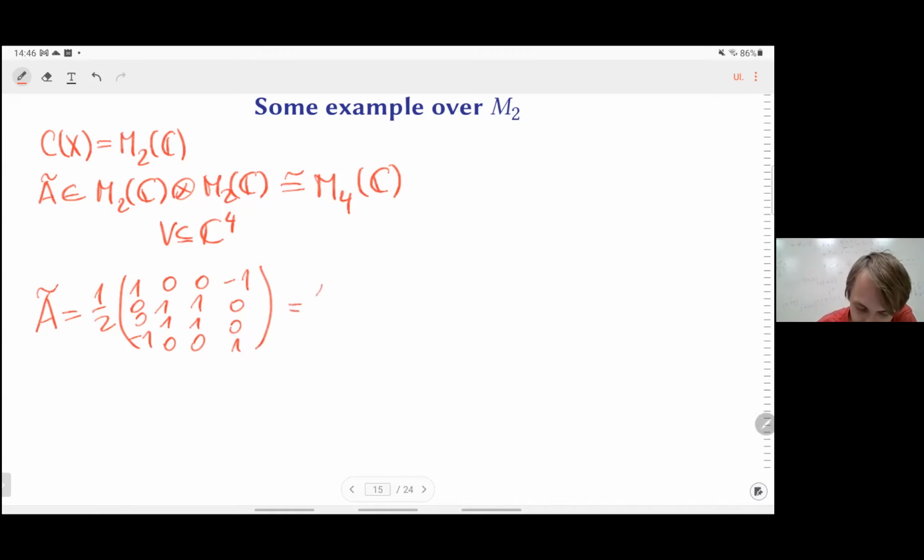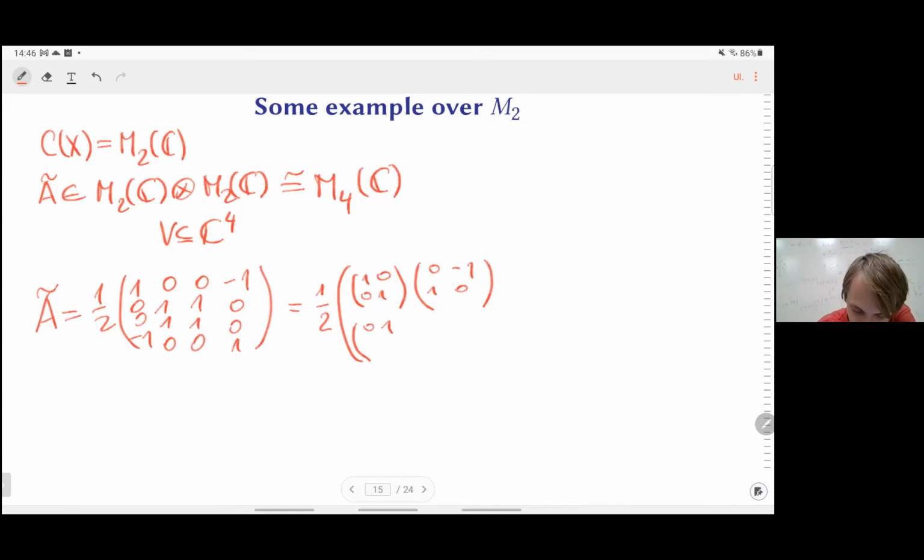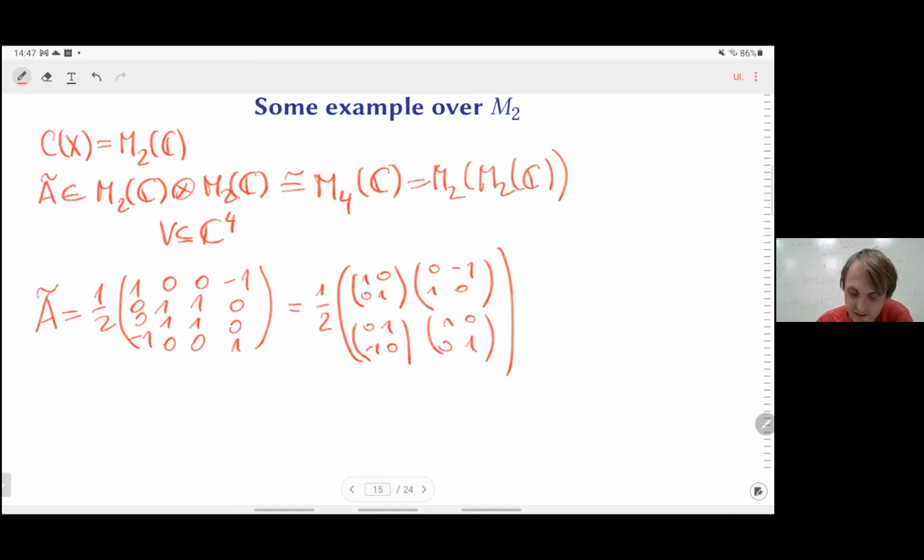So first of all, I will rewrite it in a bit more suggestive form. If I draw such small matrices here, I can see this as M2 of C, right?